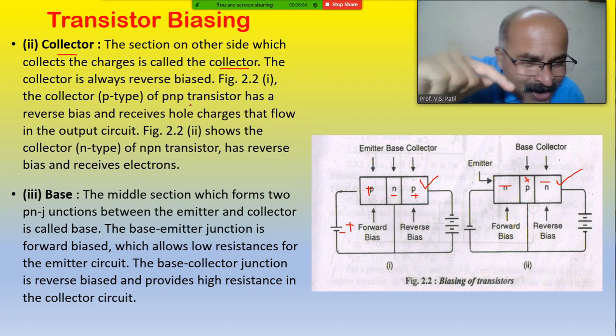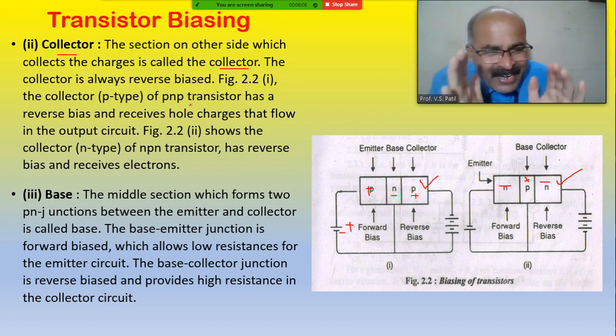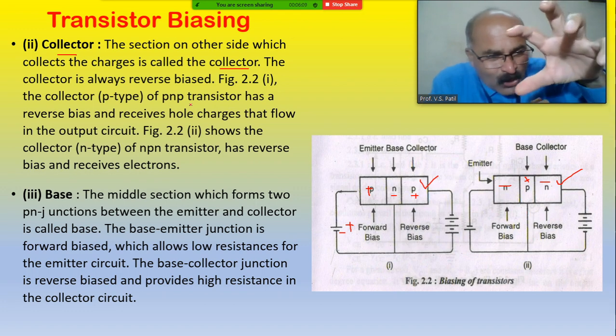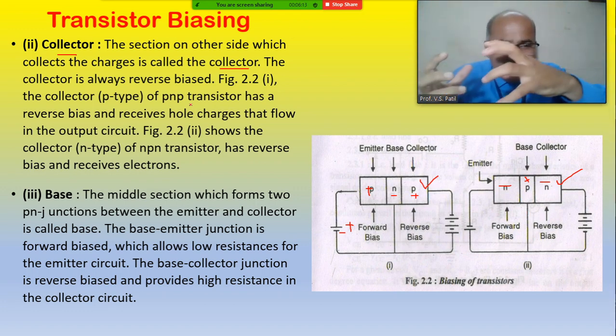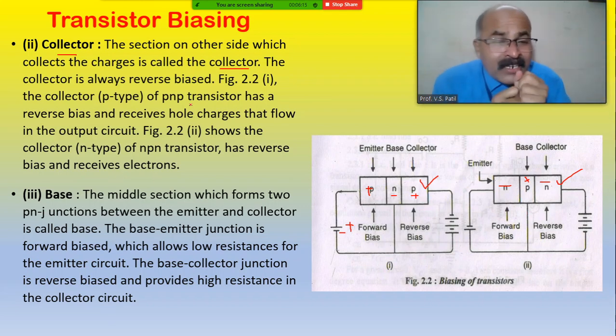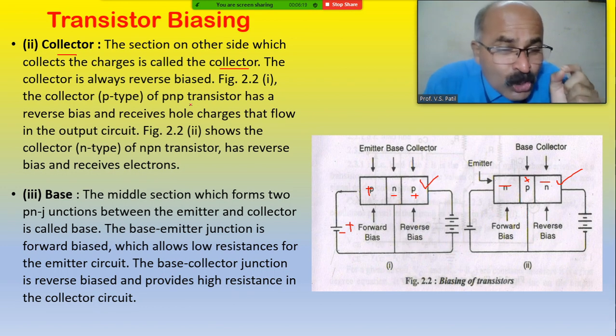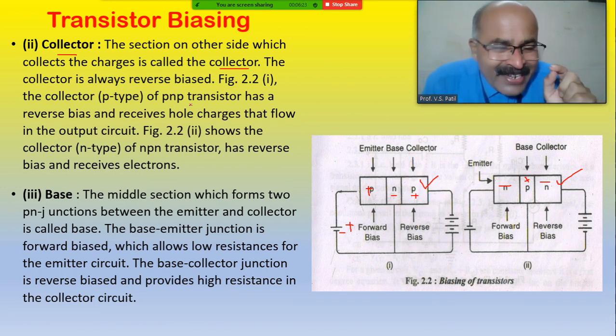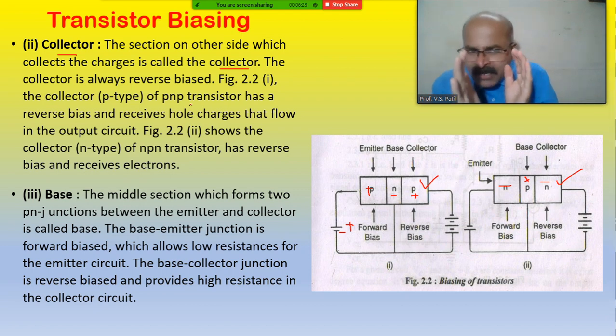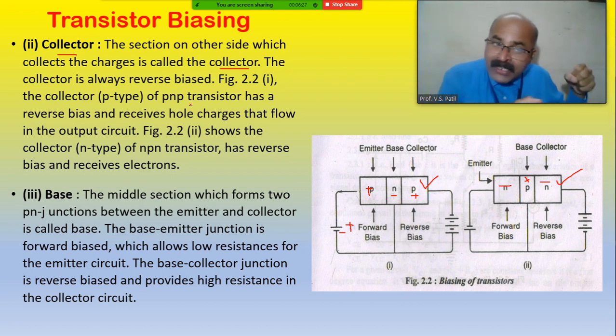And due to the reverse biasing, this collector section acts to collect. That is, the emitter acts to emit and the collector acts to collect. Means it collects the charges which were emitted by the emitter.